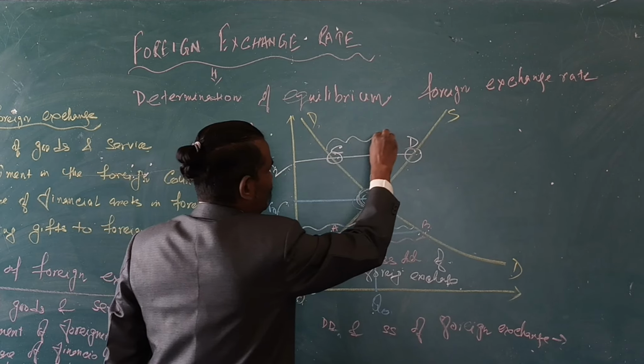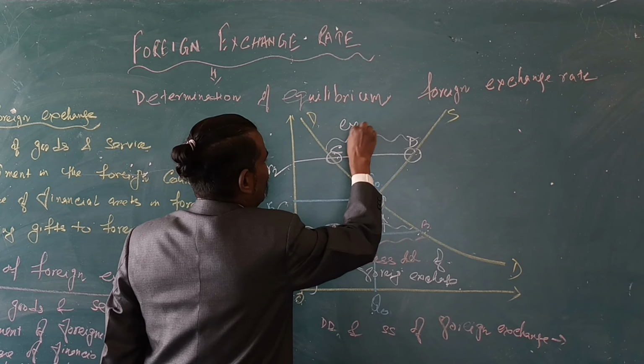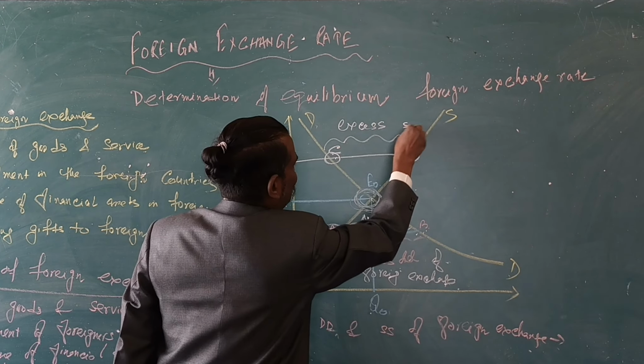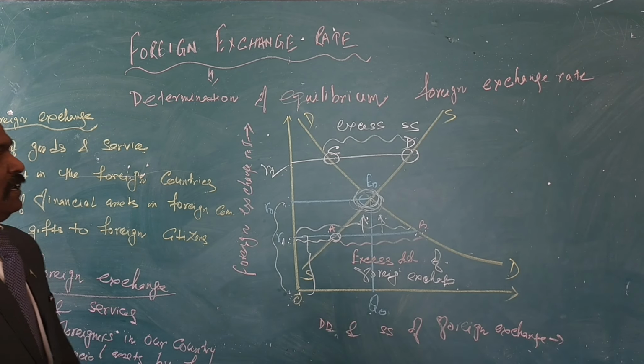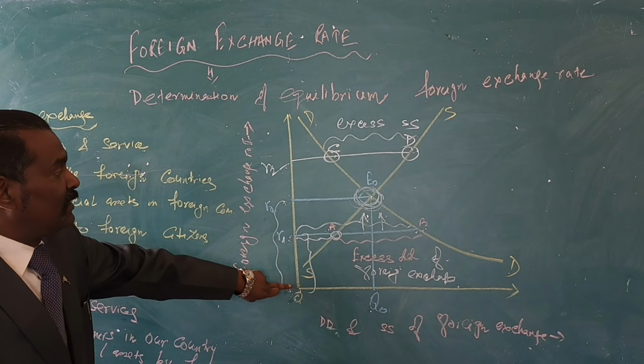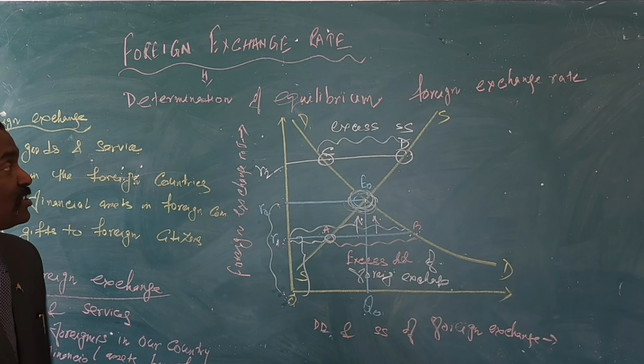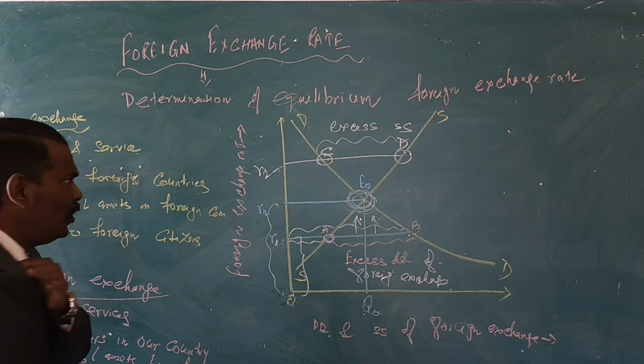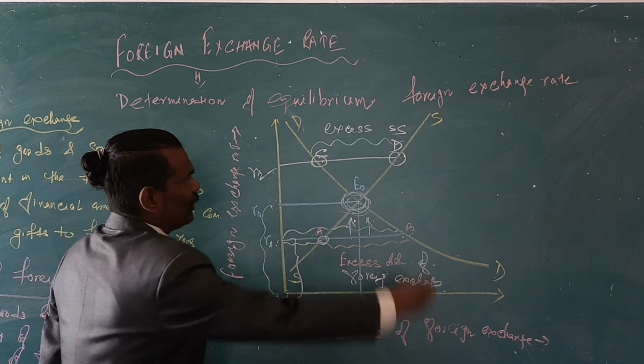Hence, there is an excess supply of foreign exchange at OR2, which is greater than the equilibrium exchange rate. So if there is an excess supply, what will happen?